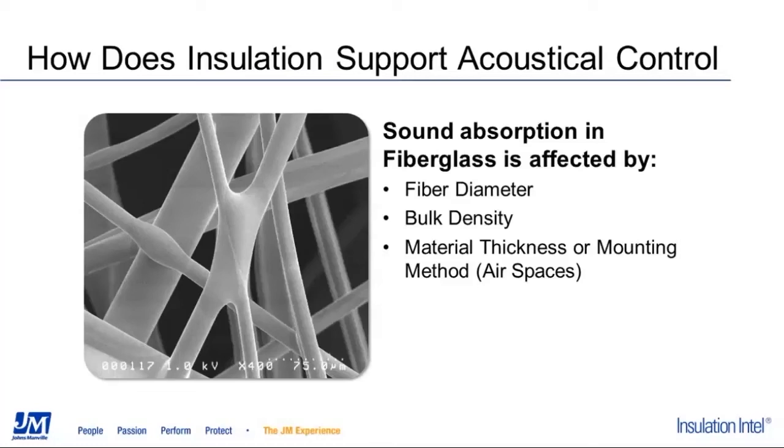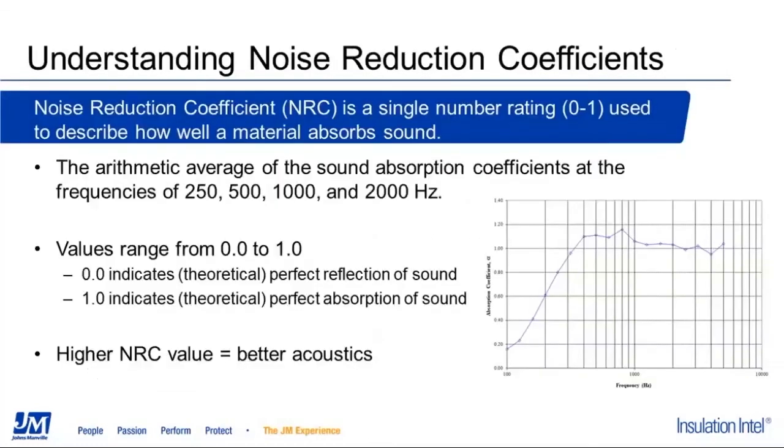One thing of note here is that as we get into noise reduction coefficients, or how we actually measure it, this is like the K value, or the equivalent of K value for acoustic absorption. This noise reduction coefficient, or NRC, is a single number from 0 to 1, 0 being perfect reflection of sound, 1 being a theoretical perfect absorption of sound.